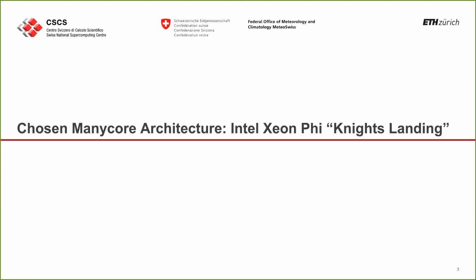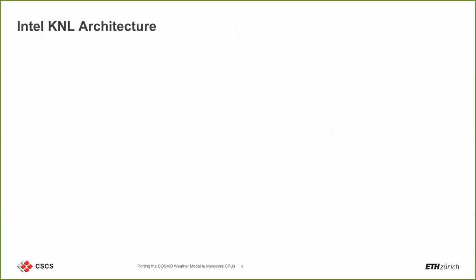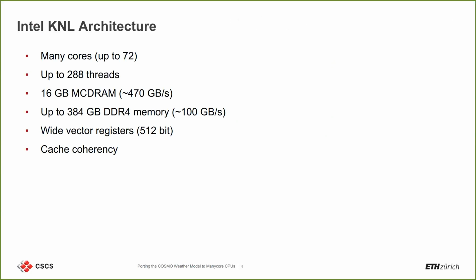Our chosen Manycore architecture was the Intel Xeon Phi Knights Landing. Typical for a Manycore architecture, of course, it has many cores. Some models have up to 72, and the model available at CSCS has 64 cores. Each core has up to 4 hyperthreads, so you can configure between 1, 2, and 4.